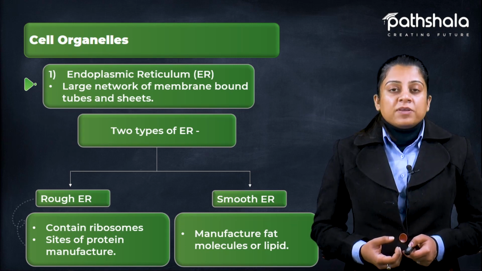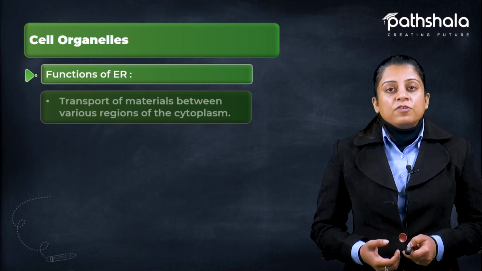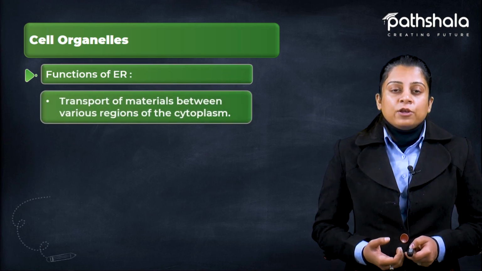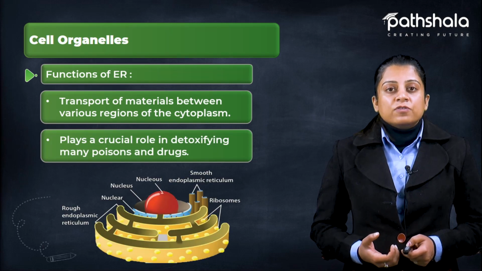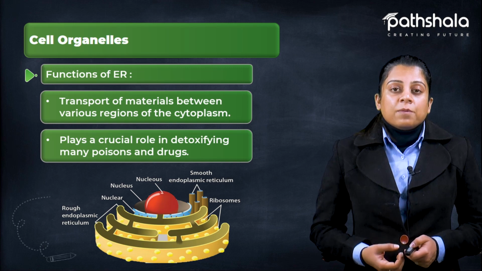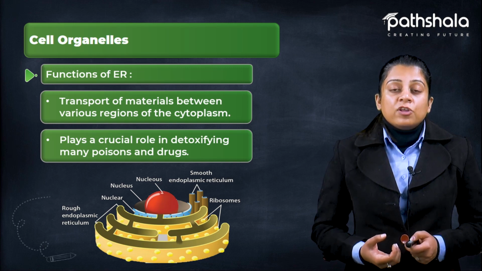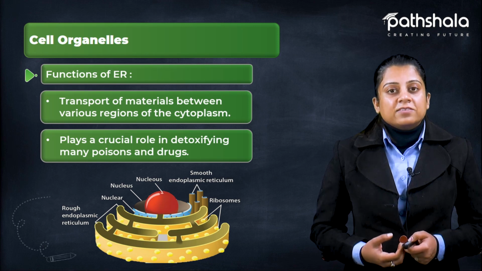Smooth endoplasmic reticulum helps in the manufacturing of fat molecules or lipids. The functions of endoplasmic reticulum include the transport of materials between various regions of the cytoplasm, and endoplasmic reticulum also plays a crucial role in detoxifying many poisons and drugs.